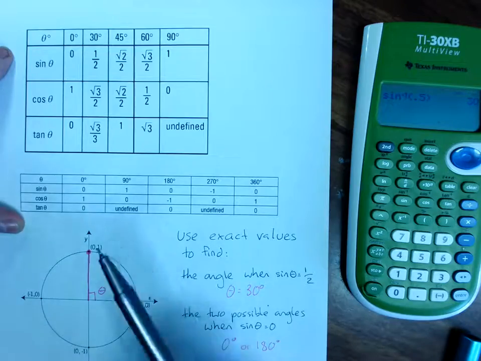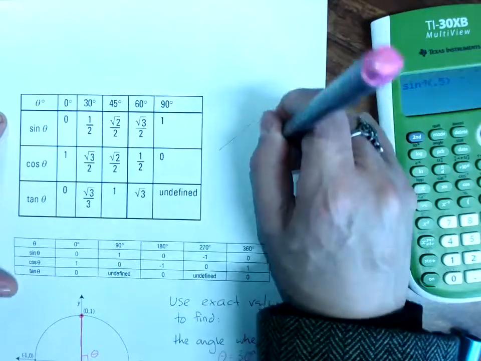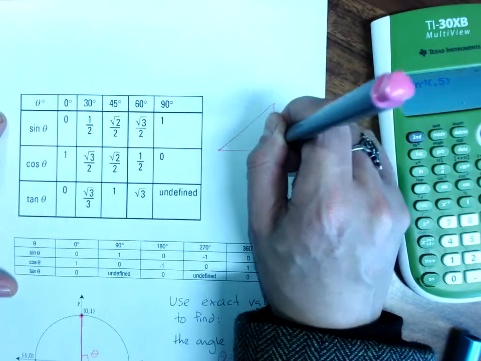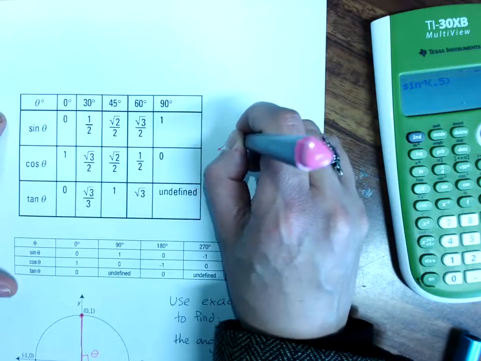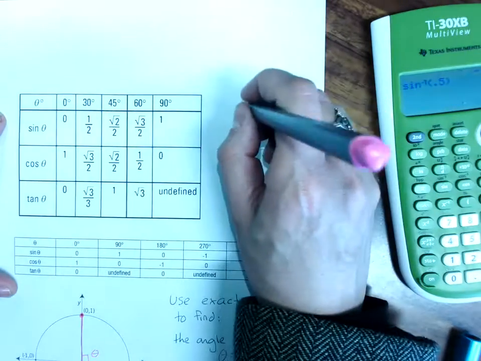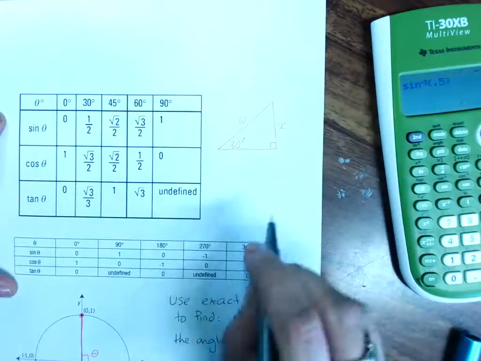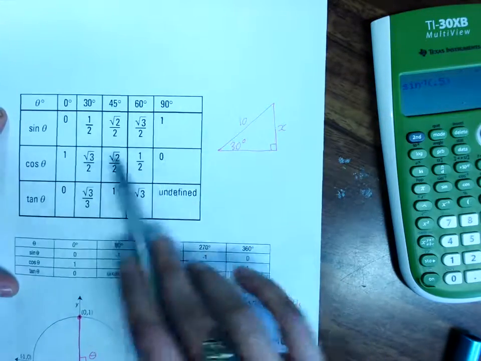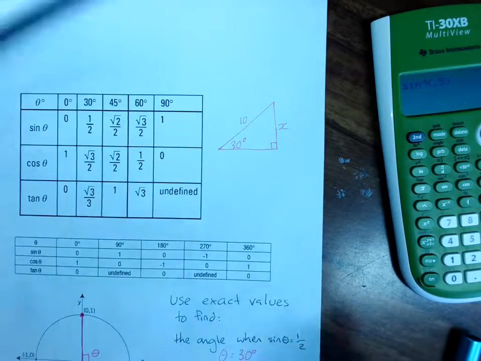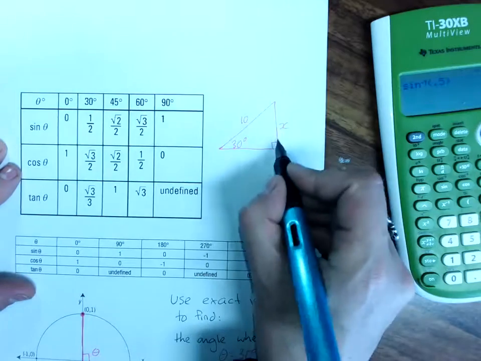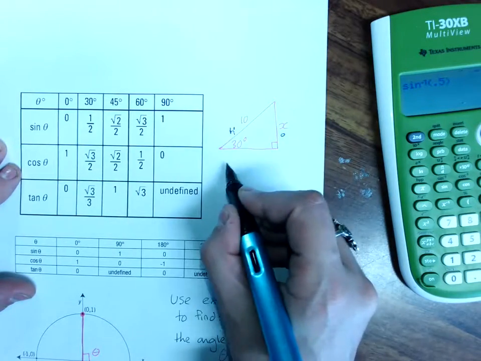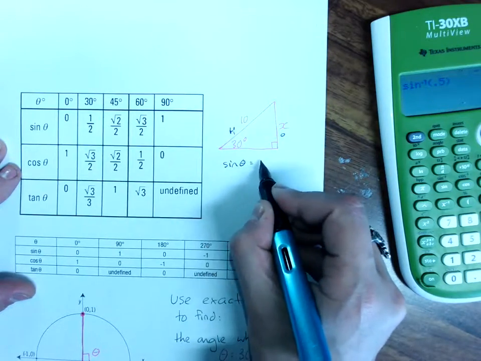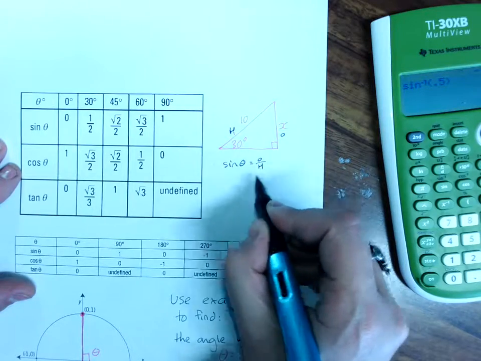The same would happen if you were solving a problem in a triangle where you'd been given 30 degrees and an unknown. You could use your exact values to solve that without a calculator. Opposite over hypotenuse. Sine of the angle is opposite over hypotenuse.